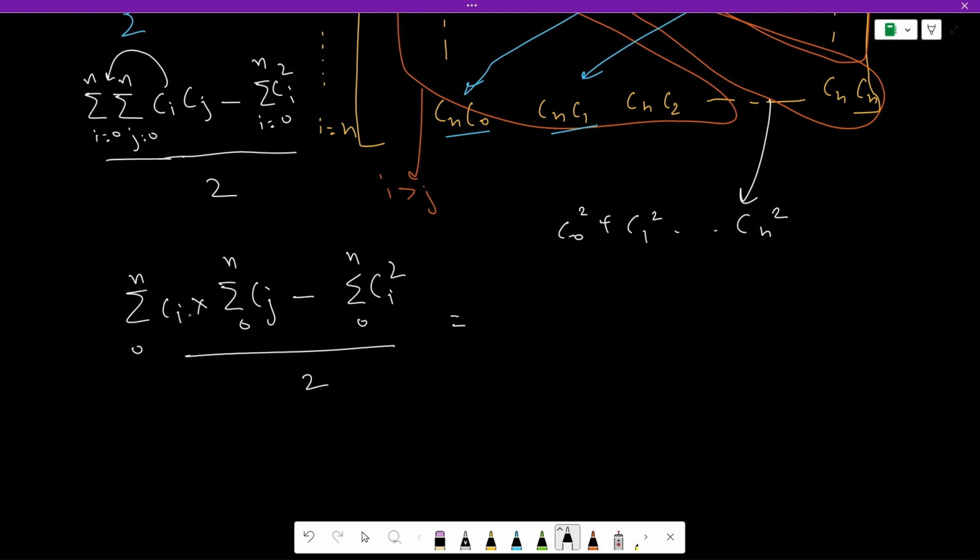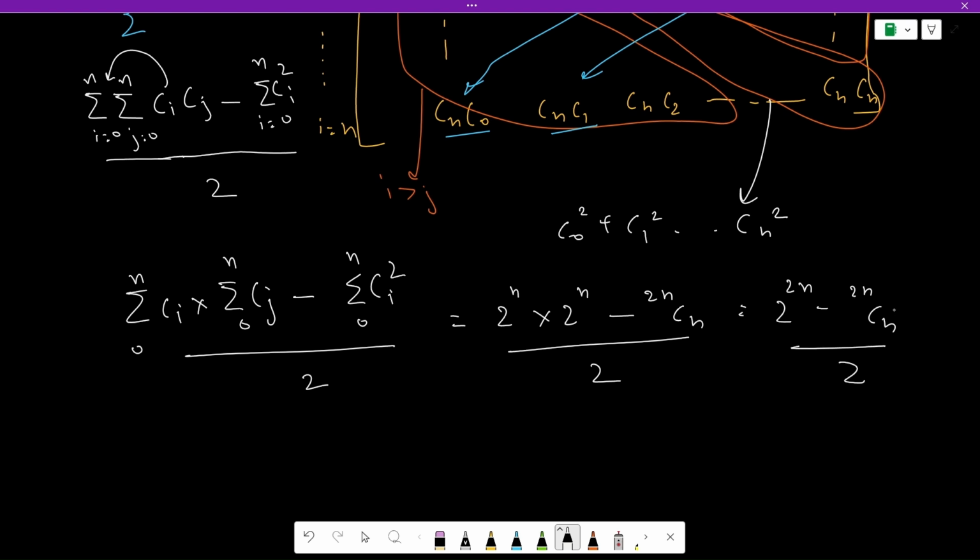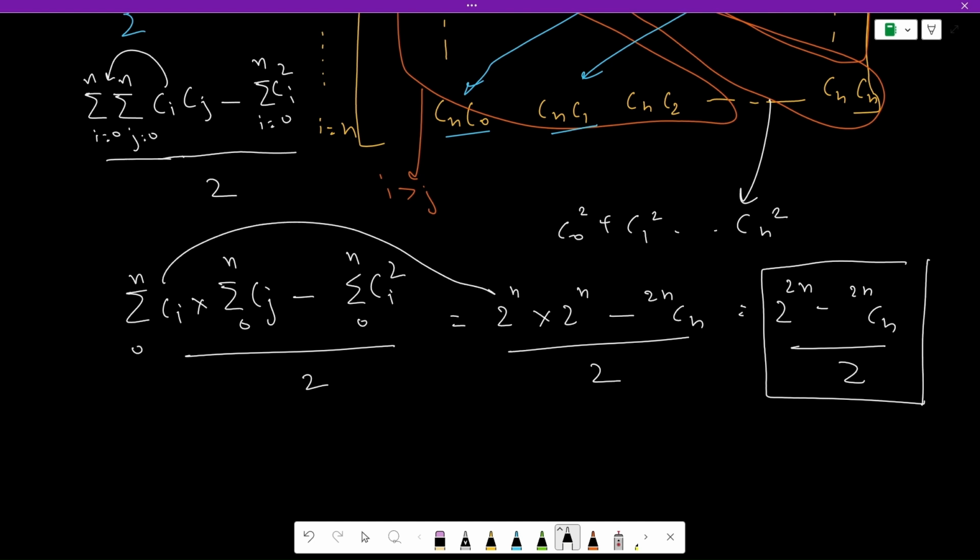Now the summation of ci from 0 to n will be 2 to the power n, and this will also be 2 to the power n, minus summation ci squared from 0 to n, which is 2n Cn, and this is divided by 2. So this is equal to 2 to the power 2n minus 2n Cn, divided by 2. So this is the final answer. Now these results we have already derived in our last video.